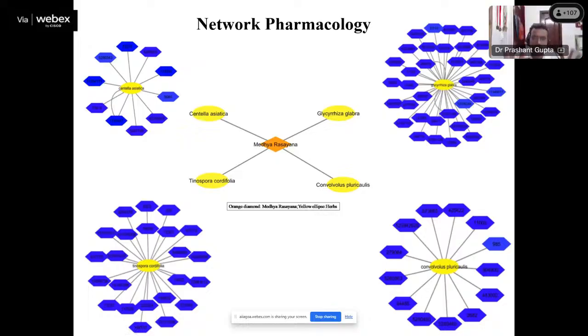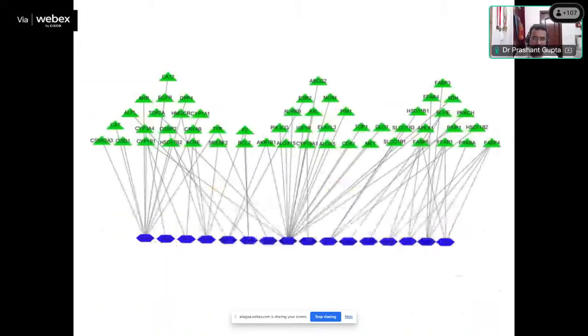We collect them maybe by HPTLC or LCMS or from databases. The next step is, these bioactives are known to us, and thanks to the databases, how these bioactives work in the body is also known. How many proteins or targets they touch is also known.